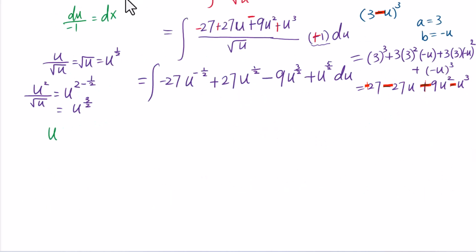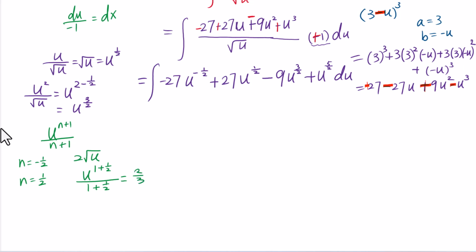For u to the power of n plus 1 over n plus 1, when n equals -1/2, we got 2 square root of u. When n equals 1/2, we got u to the power of 1 plus 1/2 over 1 plus 1/2 equals 2 over 3 u square root of u.